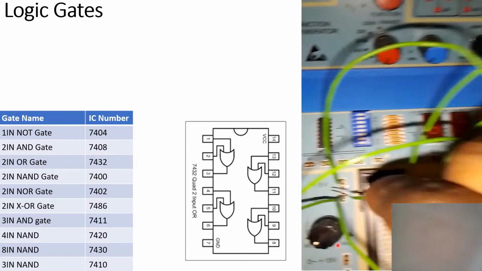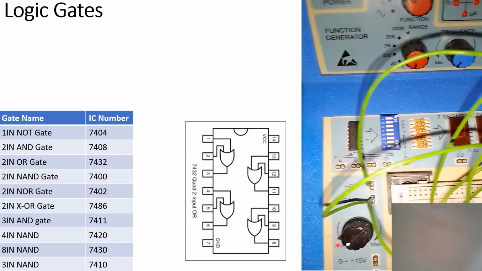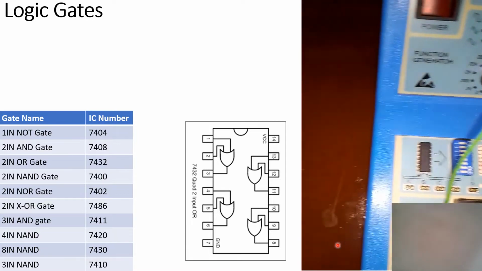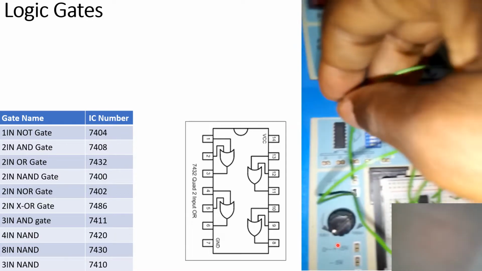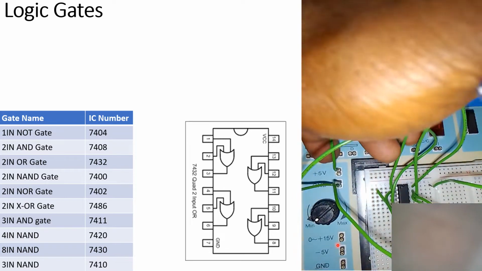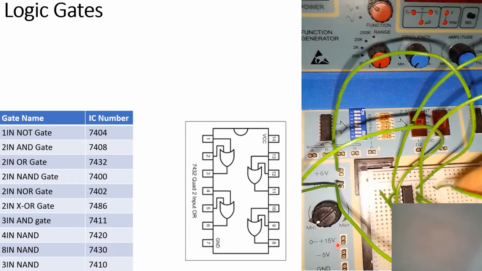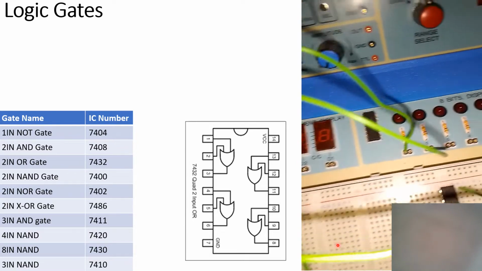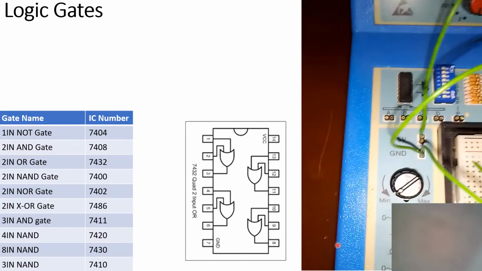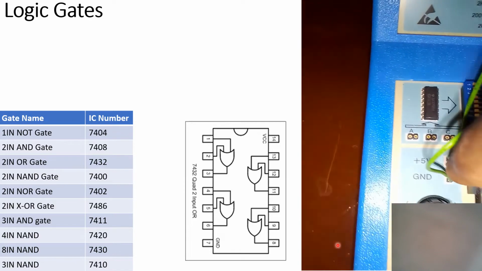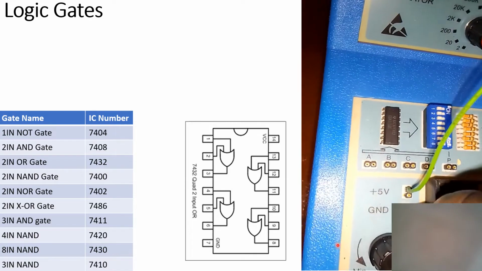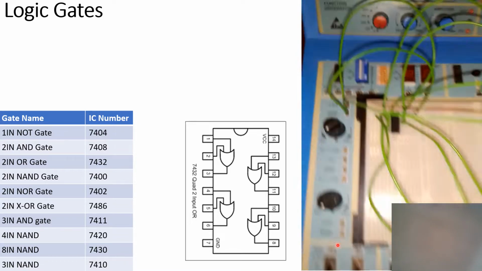So instead of putting direct here, I know that this is 5 volts, I can still put it there, because this one is going to 5 volts. And then ground, I'm taking it from that side, so that you can observe that these two connectors are going to the same source.